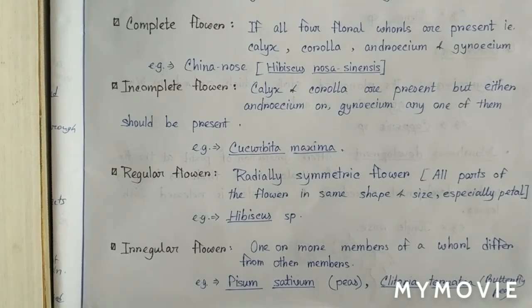That's why they are called regular flower. But in case of butterfly pea or Aprajita, we find one petal is larger than another. That's why this is called irregular flower, because they are not all in regular shape. Another example of irregular flower is also Pisum sativum or peas, which we commonly call matar.